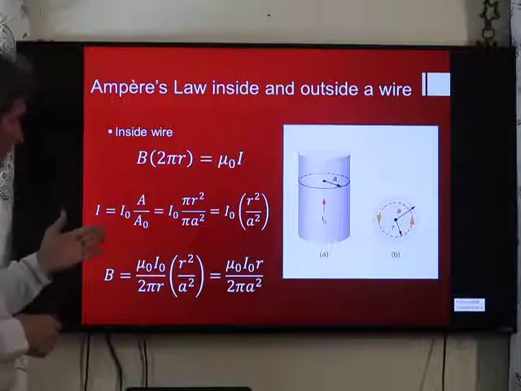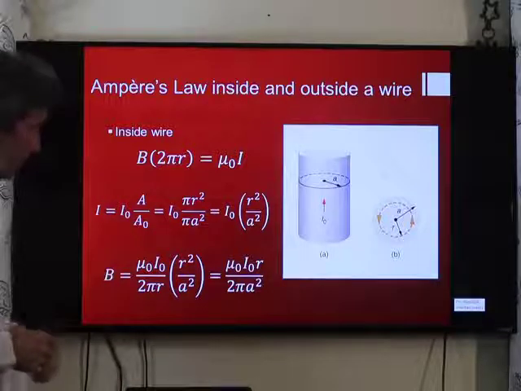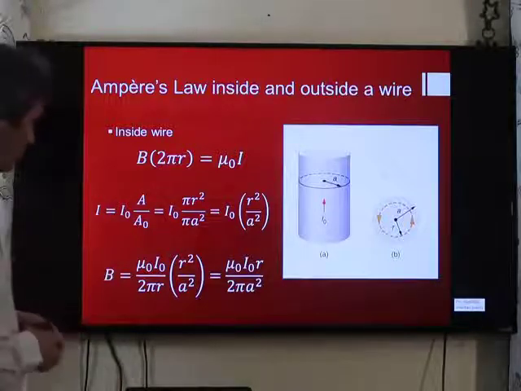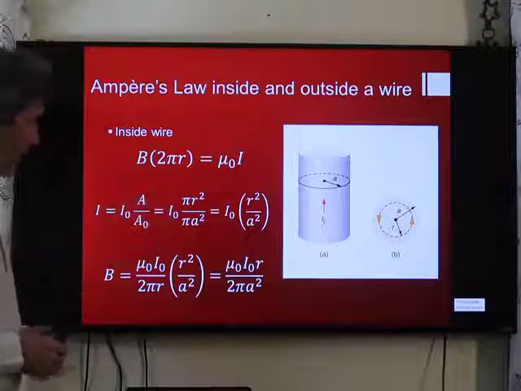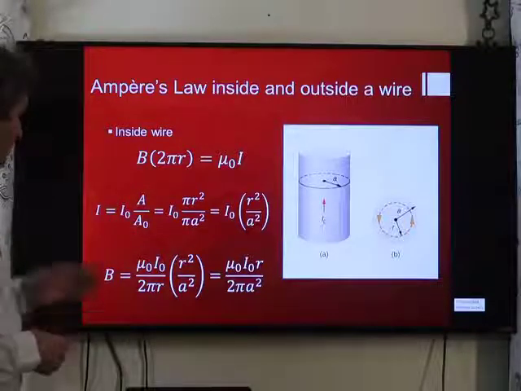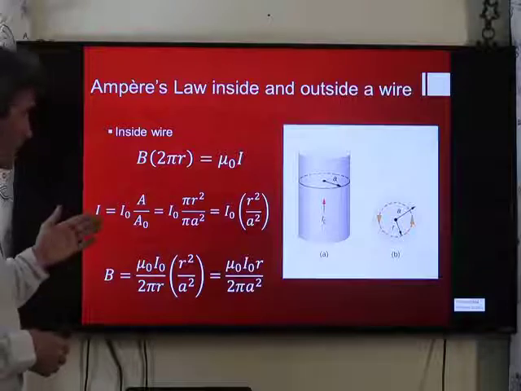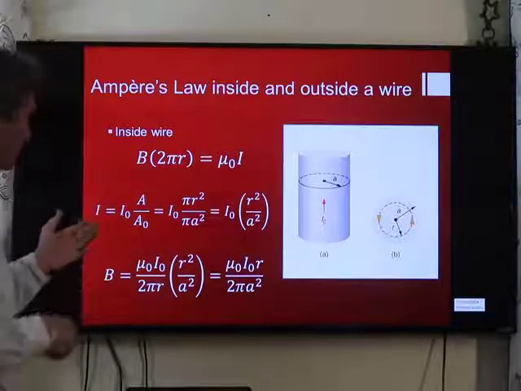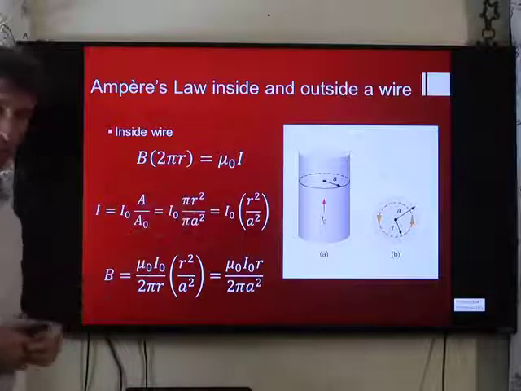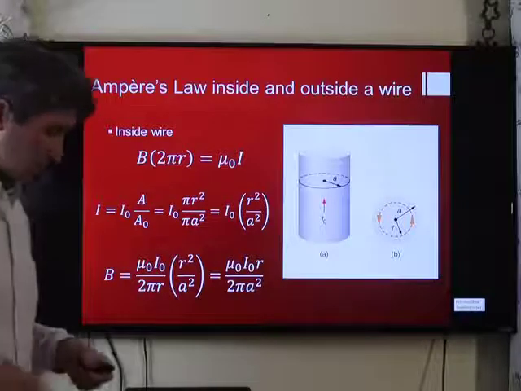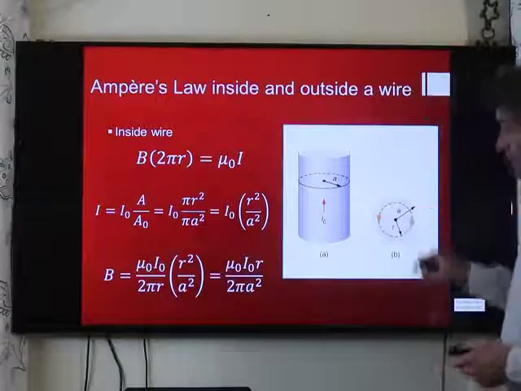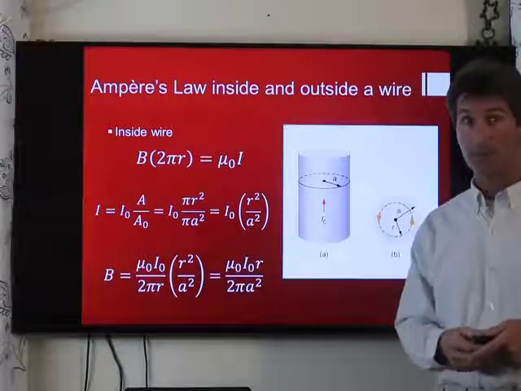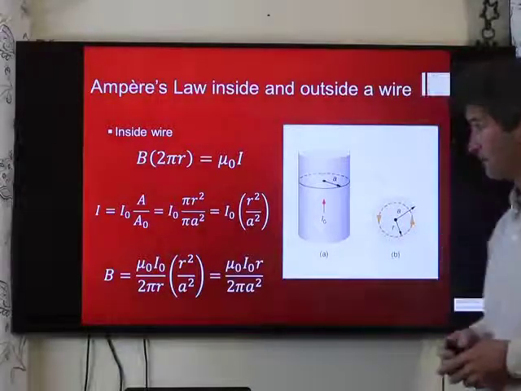So converting this right here, I0 being the total current going through the wire, we have the fractional area, pi divided by pi cancels out, and now the current that we enclose is equal to a fraction of the total current, where r squared represents the distance from the center, and a squared represents the radius of the wire itself.